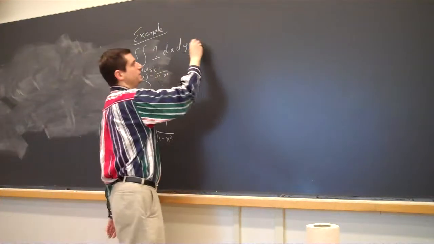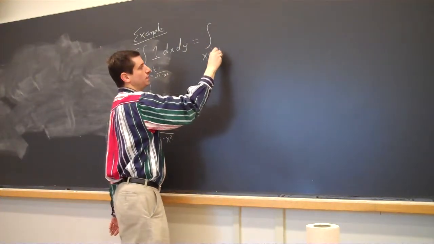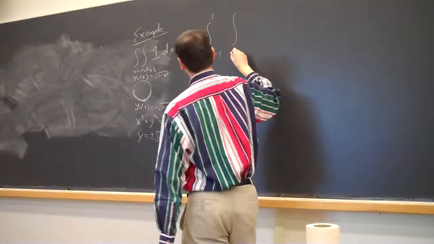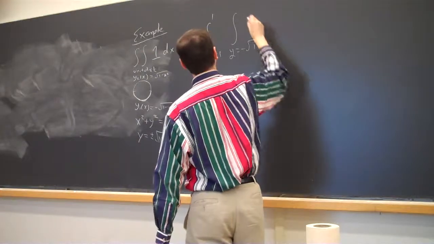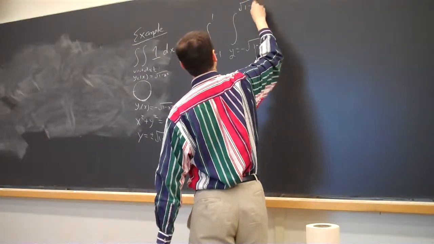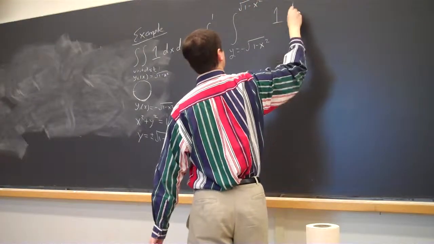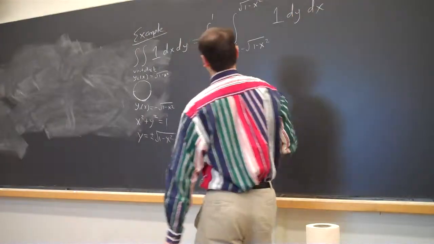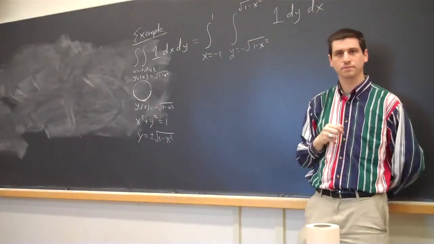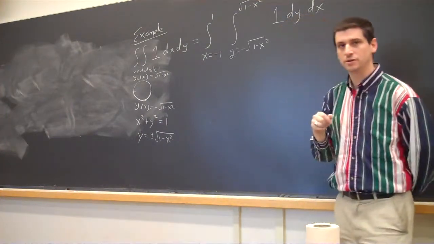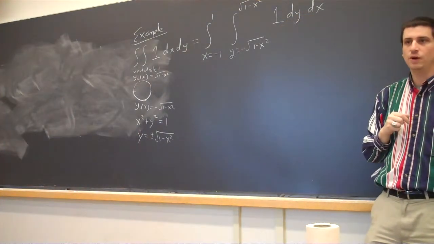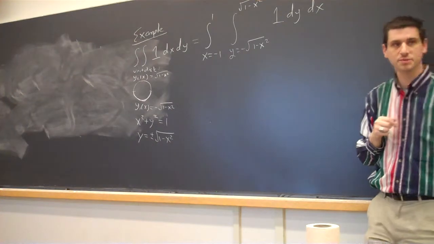All right, so I can write down my integration. X goes from minus 1 to 1, y goes from minus square root of 1 minus x squared to the square root of 1 minus x squared, of 1 dy dx. If I wanted to, I could actually exploit some symmetry.